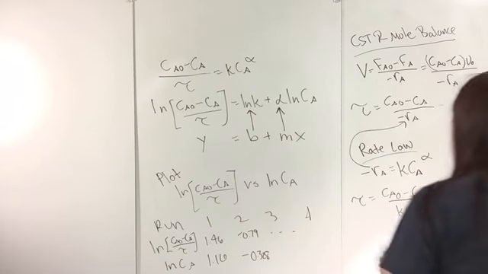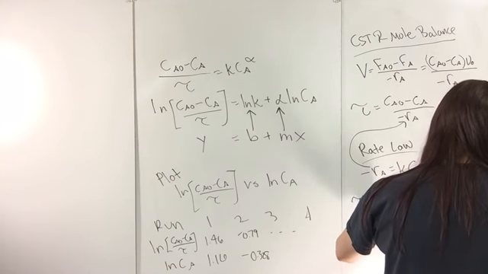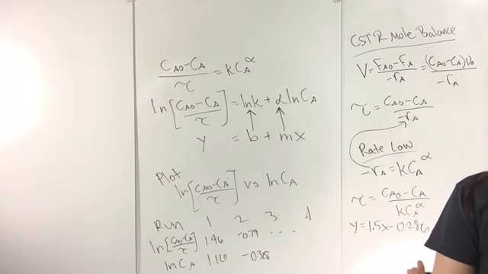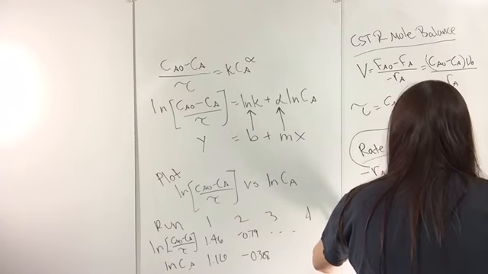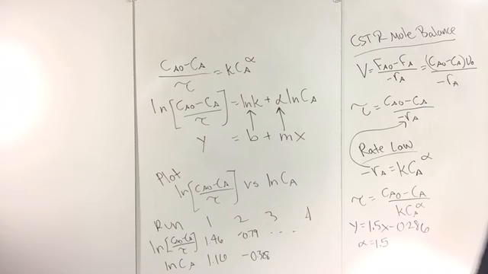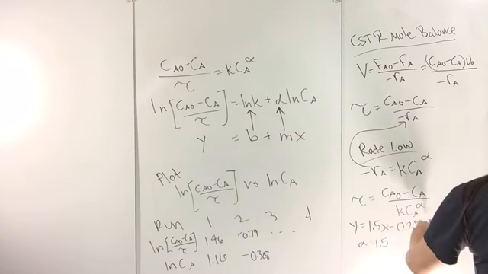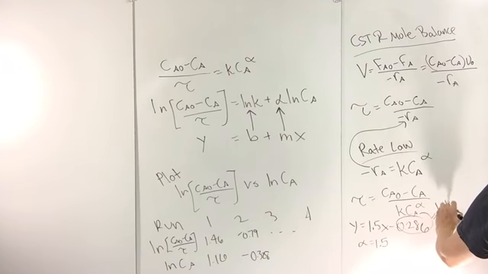And so I got that y is equal to 1.5x minus 0.286. So then comparing it to this, alpha is equal to 1.5, so that's the order. And k, so this number is equal to the natural log of k.